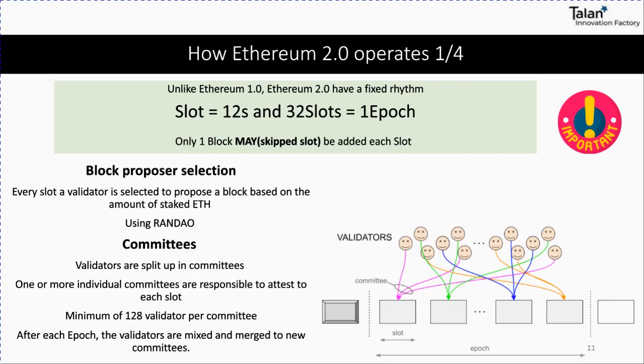This is very efficient in order to increase the speed of execution, and it's much less expensive. After an epoch, whenever we finish this phase, all the validators are mixed again and merged into new committees. So it's randomly selected, and as I said, it uses the RANDAO algorithm.